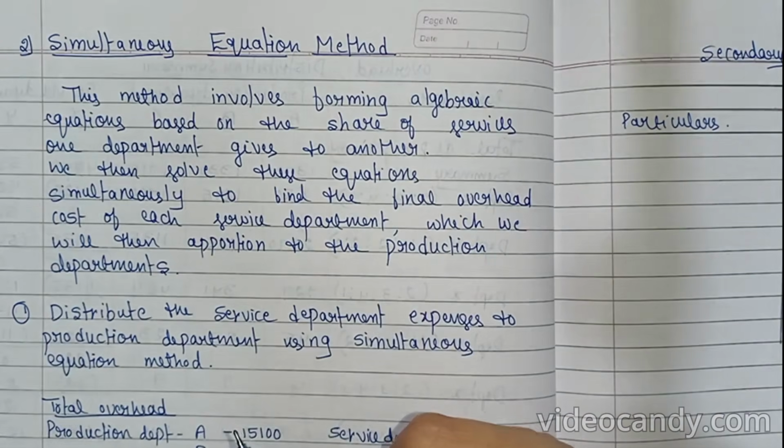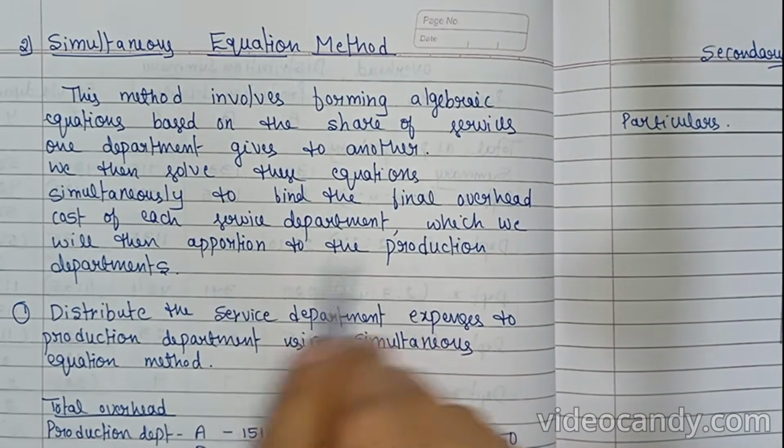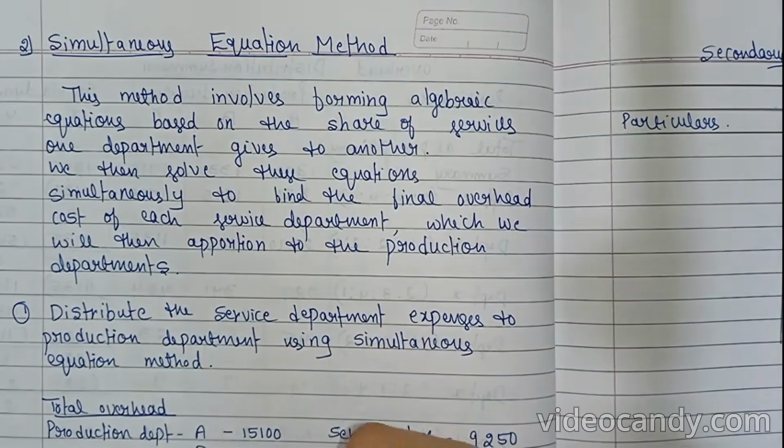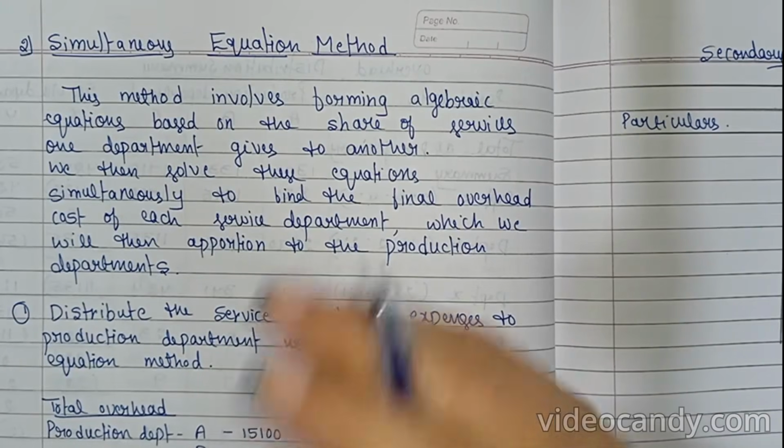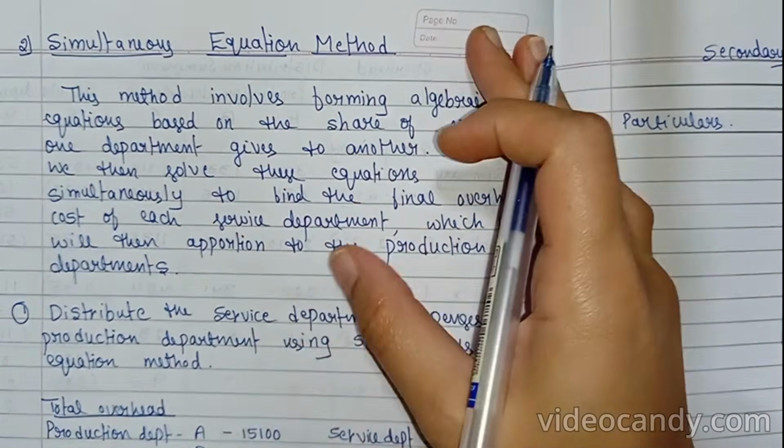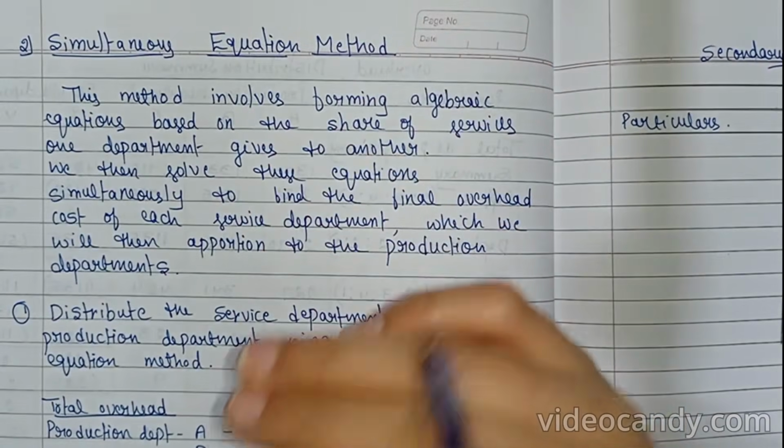This cost of service department, we then need to apportion to the production departments. After arriving at the overhead cost, we need to apportion this service department cost to the production departments. So in the simultaneous equation method, first we need to set up the equations. After that we need to solve the equations.